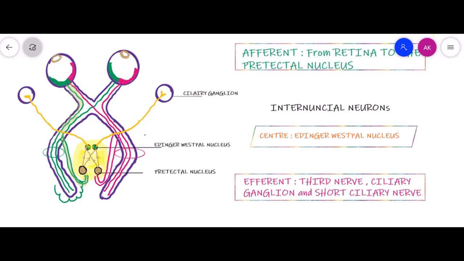Okay, so now they are going to relay in the ciliary ganglion, and from the ciliary ganglion they will finally go and supply the sphincter pupillae using the short ciliary nerves. So this is what is meant by the efferent limb of the light reflex.